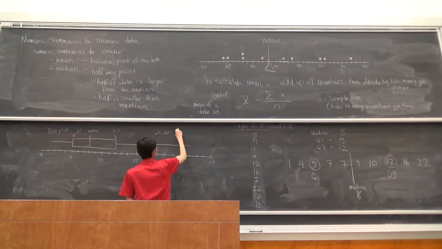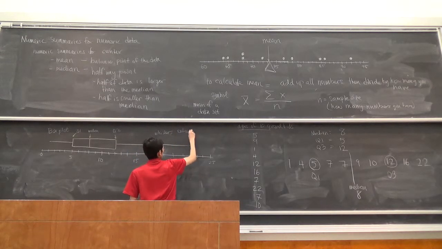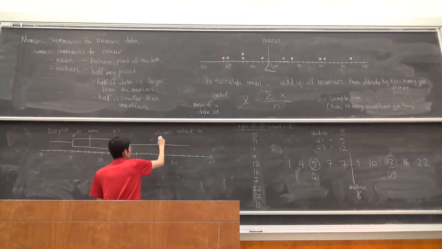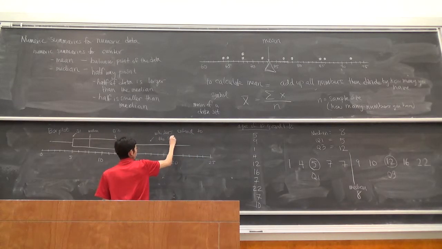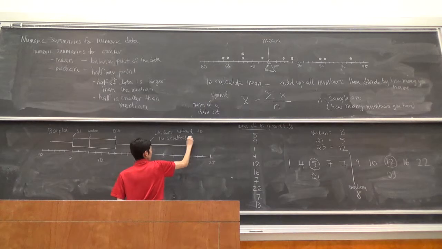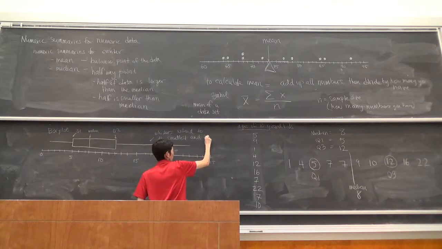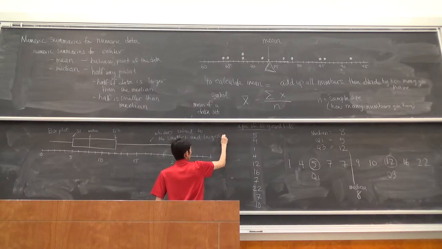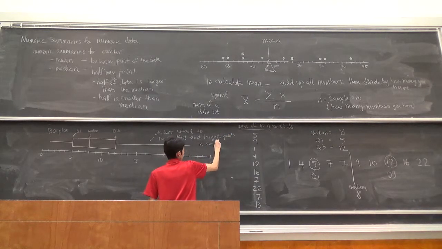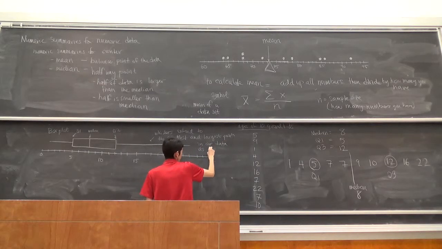Okay. Repeat that one more time. Whiskers extend to the smallest and largest points in our data, as long as they are not outliers.